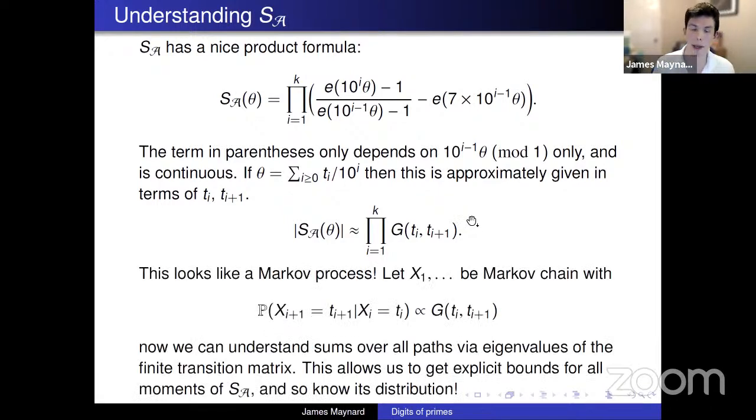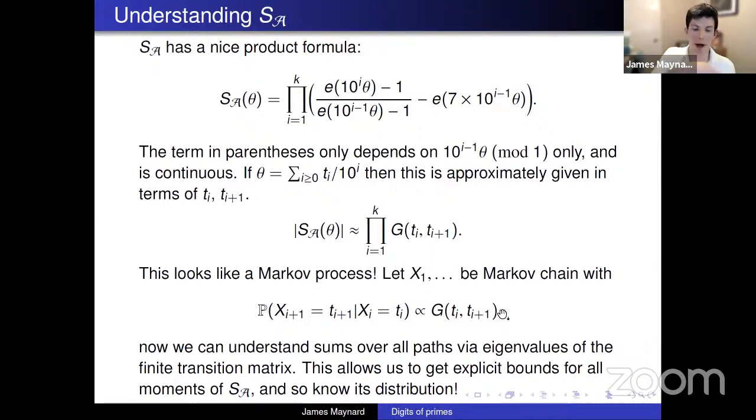And the really nice thing about this is you can now reinterpret this whole size of Fourier transform as a Markov process. So you can think about taking a walk on digits. And if you're standing at time i on digit ti, then you want your transition probability to go into the digit ti plus 1 to be proportional to this function g evaluated at ti and ti plus 1.